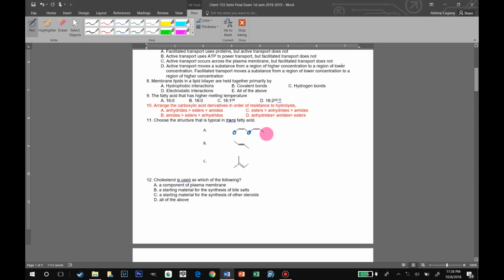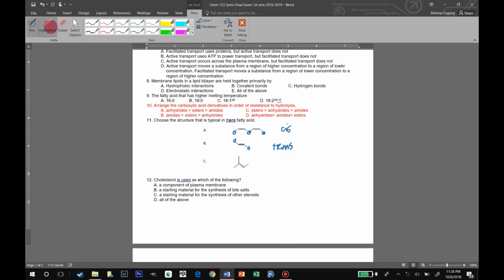The second double bond is also the same case, so both of the double bonds here are in cis configuration. Letter B, this is the double bond, the carbon to the left is on top, the carbon to the right is at the bottom, so this is actually a trans isomer.